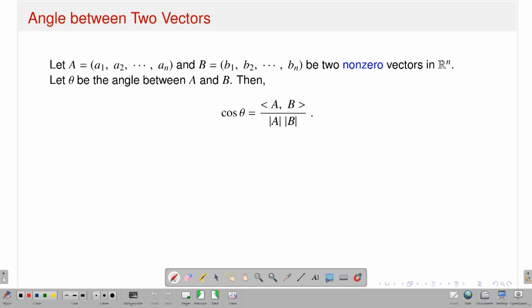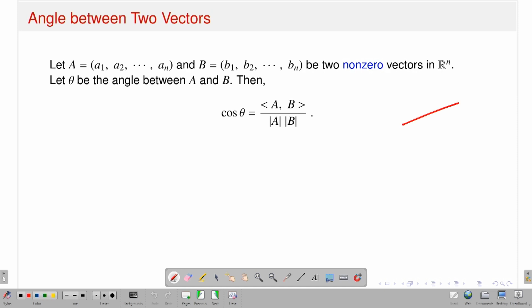This dot product, the inner product, gives a way to define the angle between two vectors. Let A equal A1, A2, up to An and B equal B1, B2, up to Bn be two non-zero vectors in Rn. Let theta be the angle between A and B. Suppose in R2 I have two vectors, A and B, and this is the angle theta.